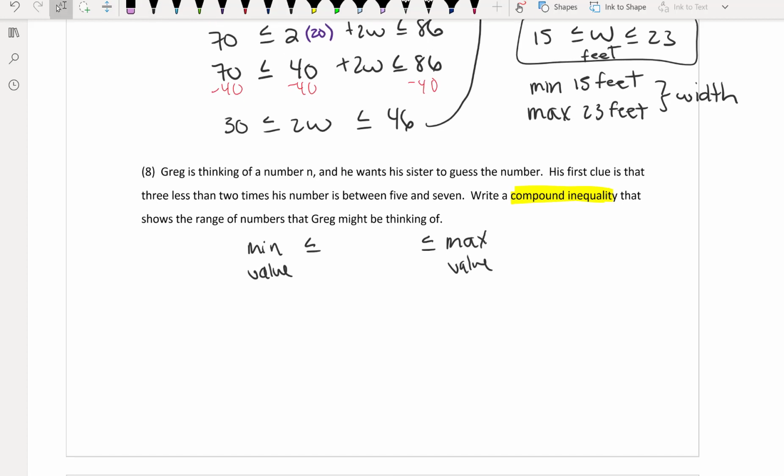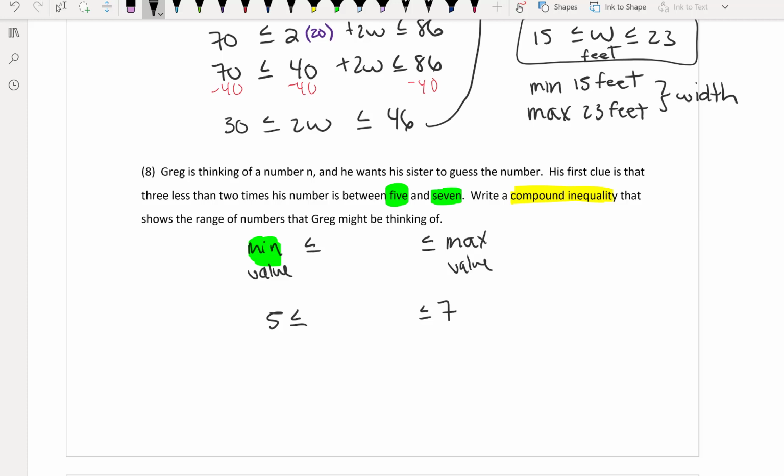So Greg is thinking about a number n, and it says that his numbers are between 5 and 7. So I specifically know what's going to be my minimum value. My minimum value is going to be 5. Now, thinking about my maximum value, the maximum number there is going to be 7. So now, let's think about what the middle part is going to be.